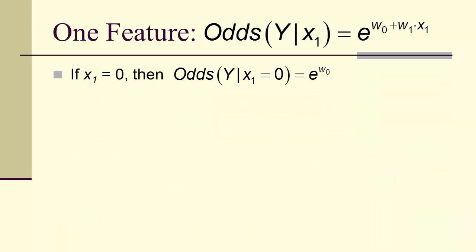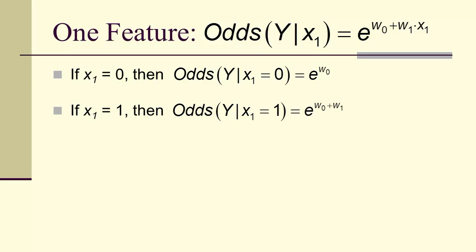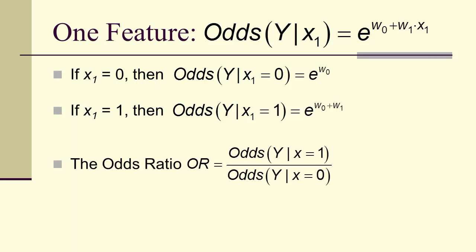So if x1 is equal to 0, the odds of y given x1 is 0 is just e to the W0. But if x1 is 1, then the odds of y given x1 is 1 is e to the W0 plus W1.